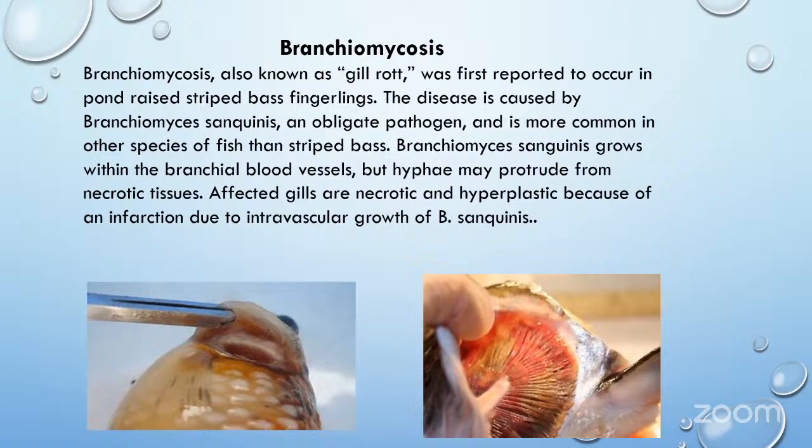Branchiomyces sanguinis grows within the branchial blood vessels, but hyphae may protrude from necrotic tissues. Affected gills are necrotic and hyperplastic because of an interaction or infection due to intravascular growth of this Branchiomyces sanguinis.